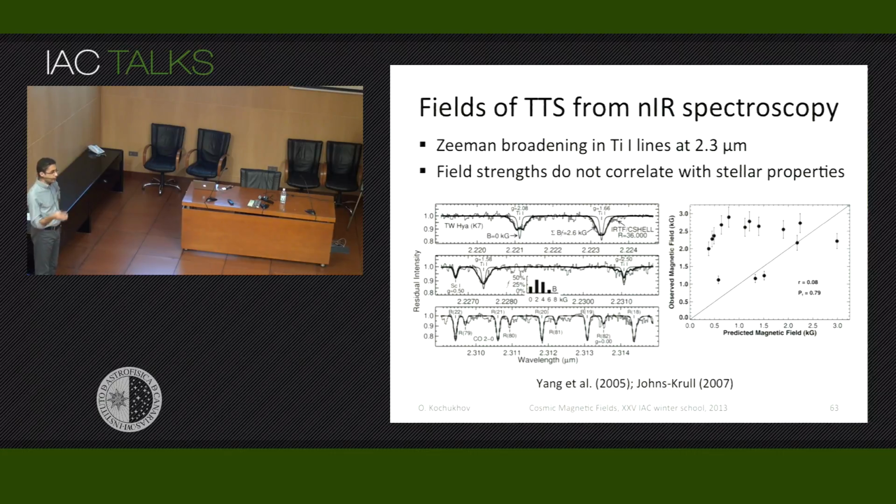In particular, these stars have measured accretion rates, and magnetospheric accretion models can be used to predict what the magnetic field strength should be. And this is a comparison of predicted versus observed. They should line up along this straight line, and they don't, so it's not really understood why.